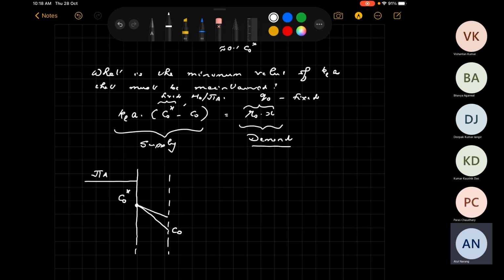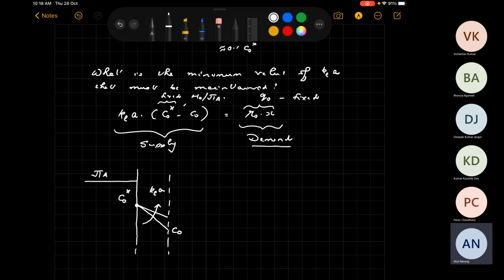The higher the stirring speed, the lower the concentration difference that is required to meet the demand. So as I increase K_L a, the concentration gradient will become milder and milder. By concentration, I shouldn't say gradient, I should say concentration difference. So that's all there is to it.